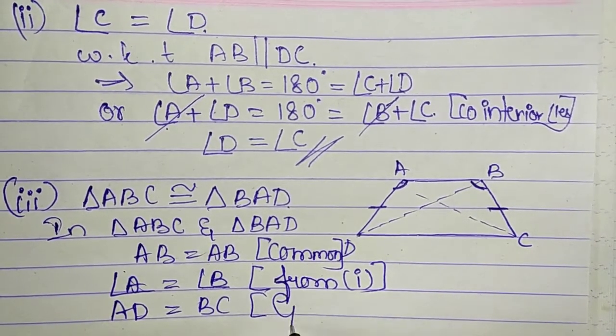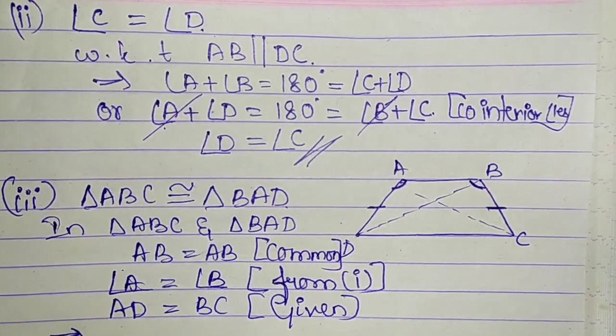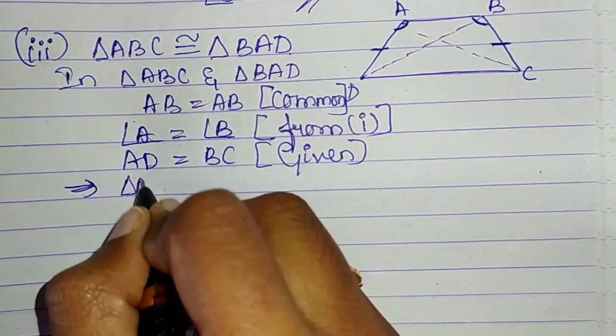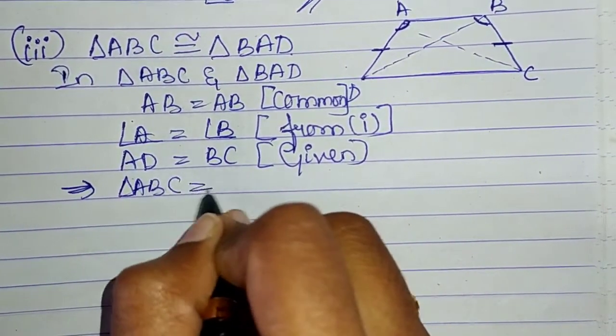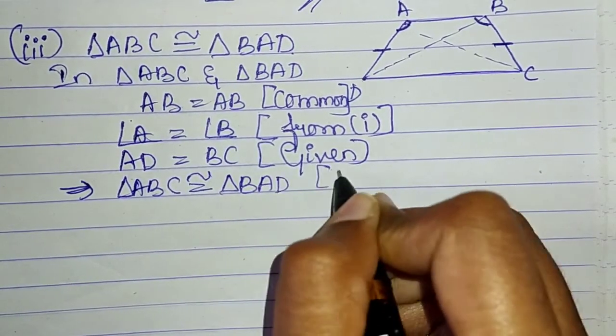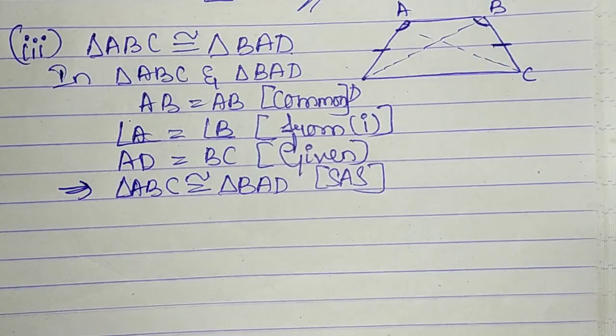This has been given. So this implies triangle ABC is congruent to triangle BAD using the SAS postulate. So hence proved. This is the solution to the third sub question.